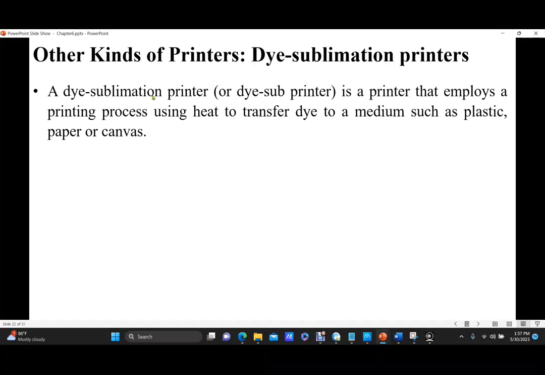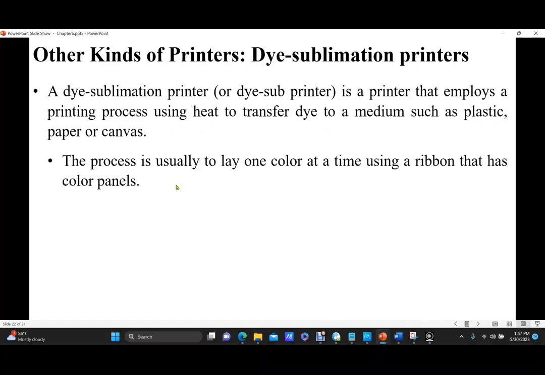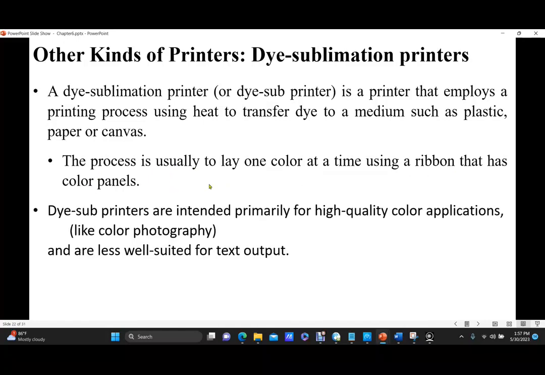Dye sublimation printers employ a printing process using heat to transfer dye onto a medium like plastic, paper, or canvas. The process usually prints one color at a time using ribbon with color panels.